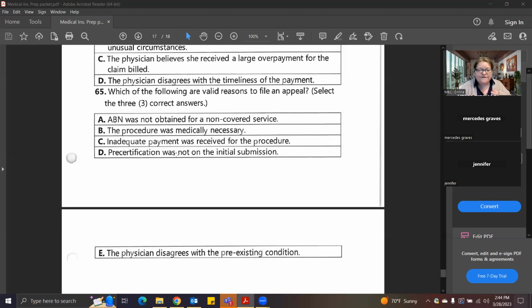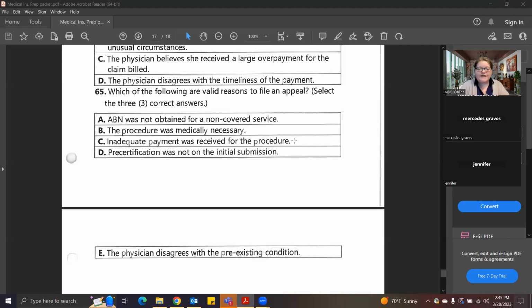All right. Pre-certification was not on the initial submission. That is a very, very common denial reason. No auth is what they say. And it covers a wide range in denials. They'll put no auth for like 15 different things that they could be denying it for.